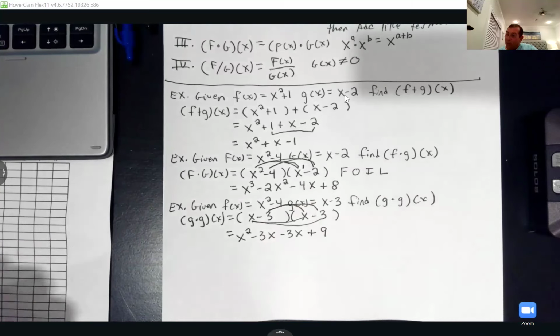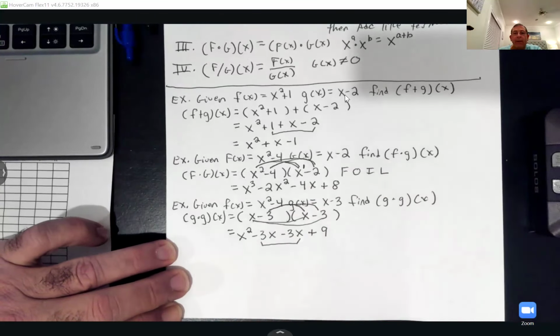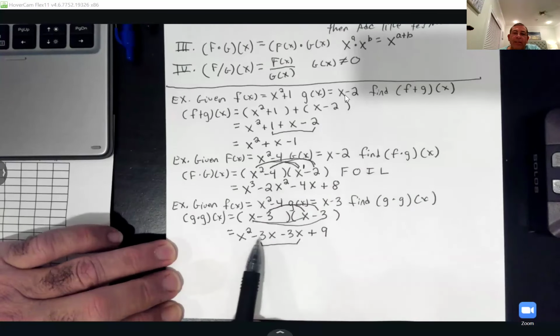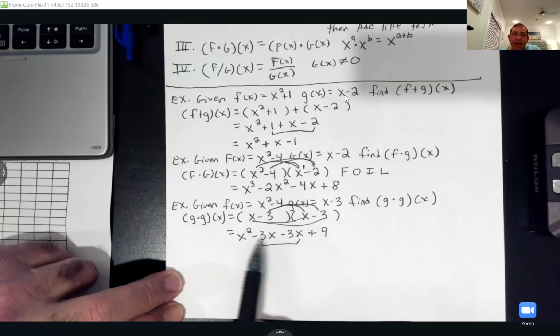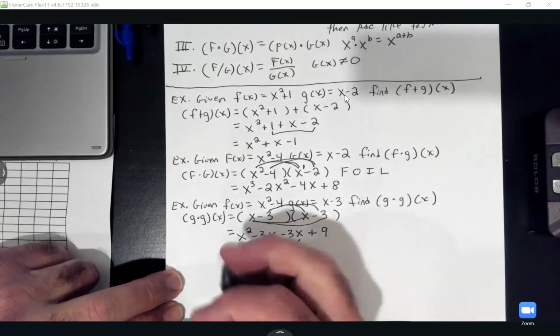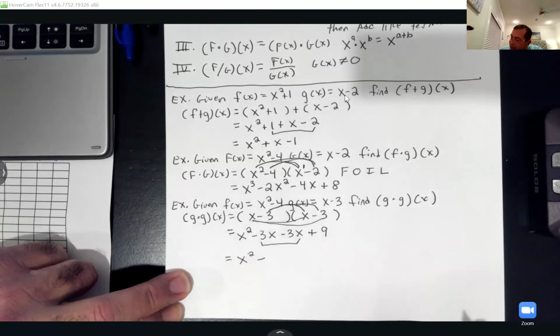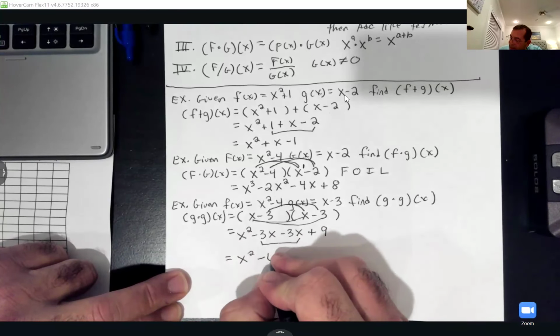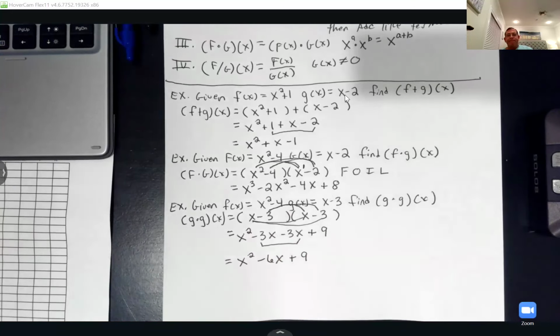All righty. We can go further on this one, y'all, because look here. And do not cancel those. That's the biggest mistake I get. But y'all, both of these are negative, so you cannot cancel it. It's basically just going to double it, okay? So I get my x squared minus 3 and 3 is what? Minus a 6x plus 9.